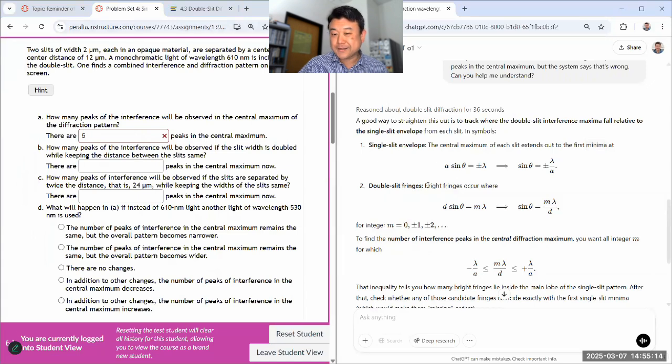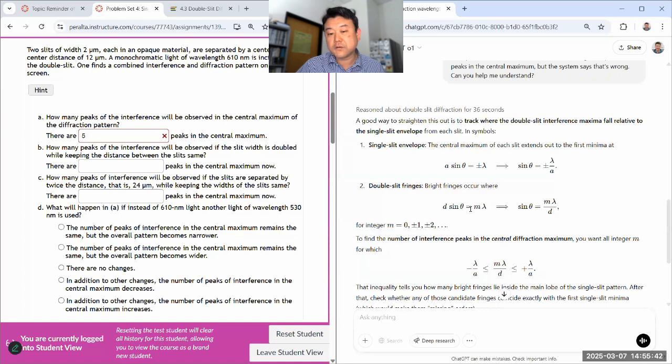This is a similar formula that I advise you to watch out for. The single slit diffraction minima look very similar to the double slit interference maxima. You just have to make sure that you correctly understand the argument for the derivation so that you don't mix them up. The bright fringes of the double slit interference maxima occur here.